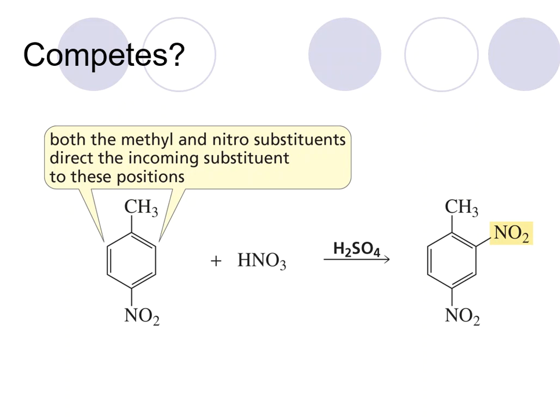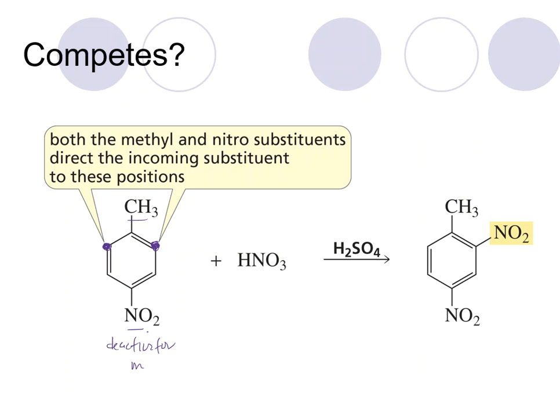What you see on your screen right now is a benzene, and this benzene has an NO2 group and a CH3 group. The NO2 group, we've already said, was a deactivator, and this is a meta-director. Okay, so meta to the nitro group, that's what that means. So it would take it here and it would also take it there.